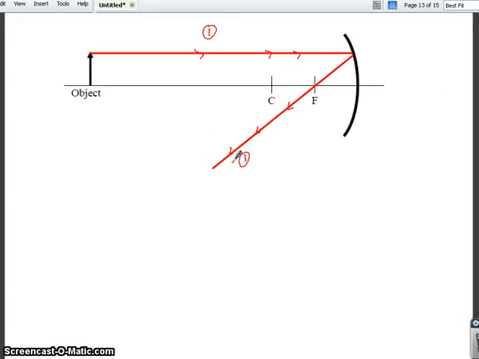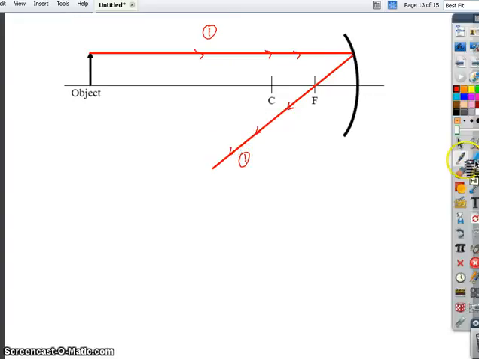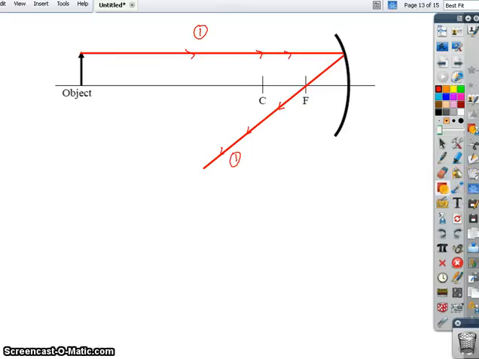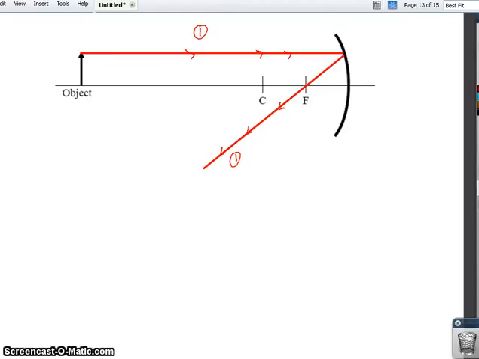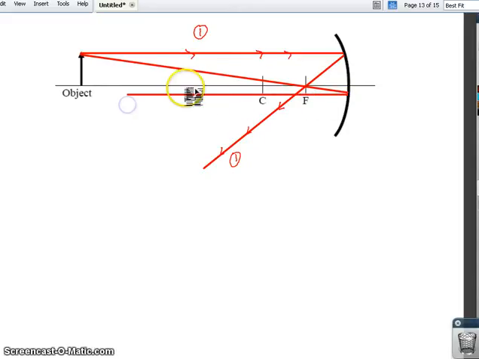Okay, our second ray, as we defined earlier, is going to pass through the focus. So we're going to draw a line from right here, this point, through the focus. And if it passes through the focus, it's going to come off the mirror parallel to the principal axis.